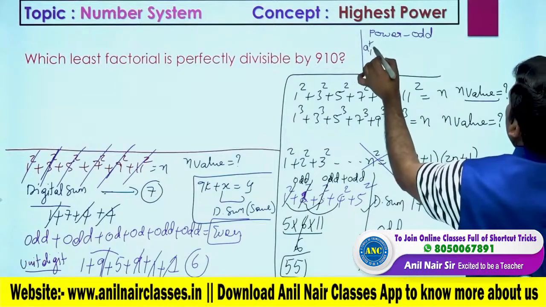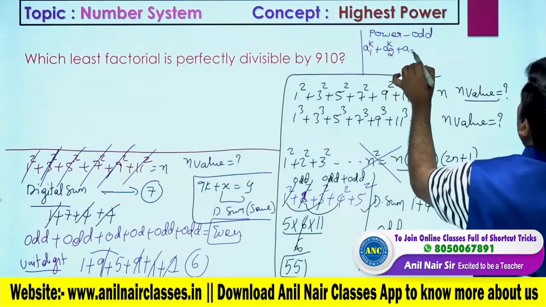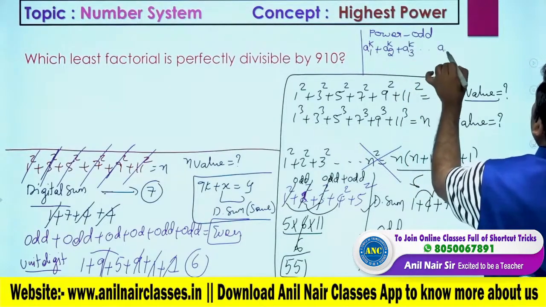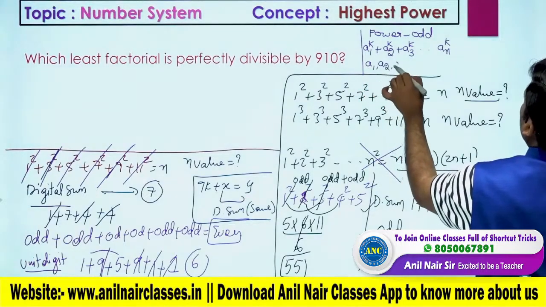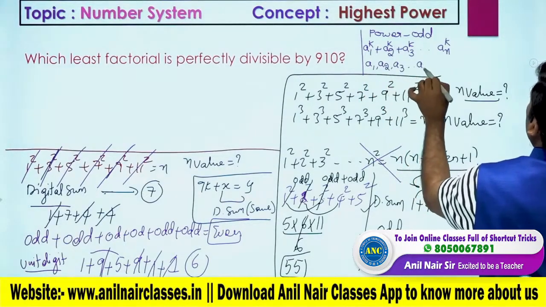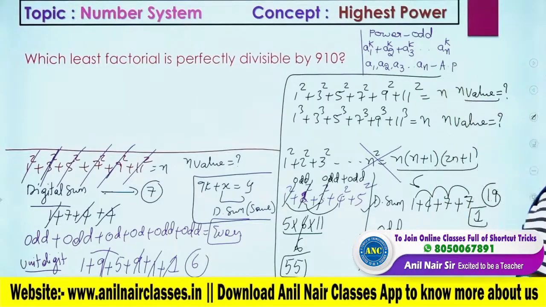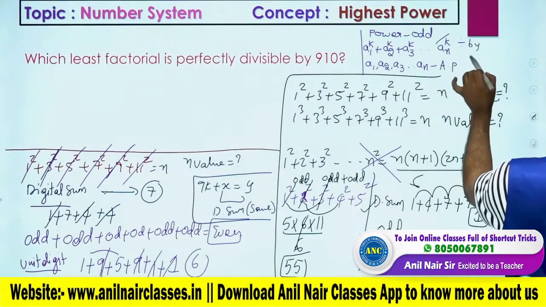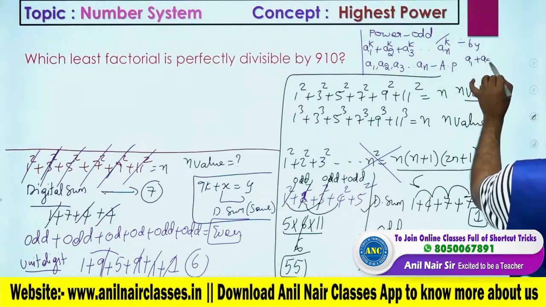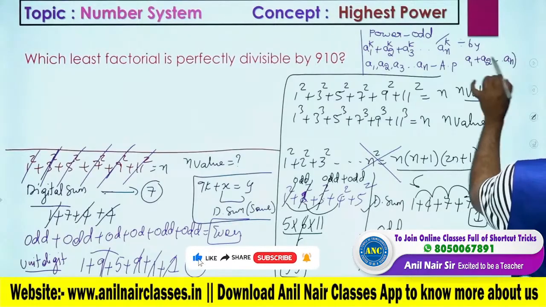If we have A1 power K, A2 power K, A3 power K, and so on up to AN power K, and A1, A2, A3 and so on up to AN are in arithmetic progression, then the sum is always divisible by the sum of the bases. I discussed this in reminder session number 5 or 6.